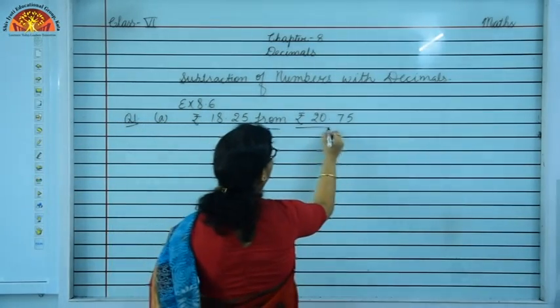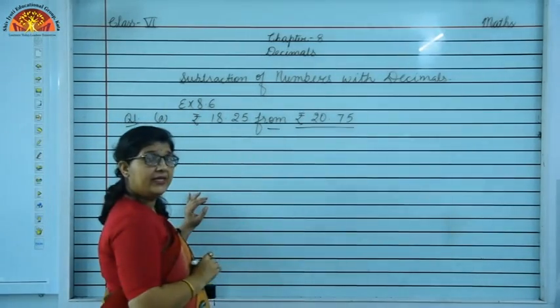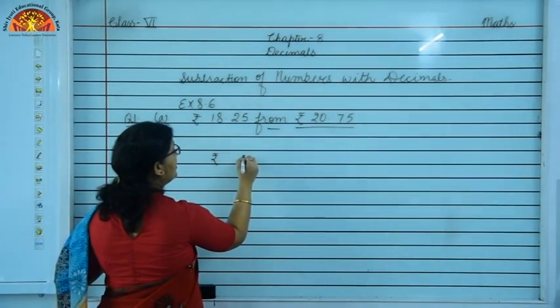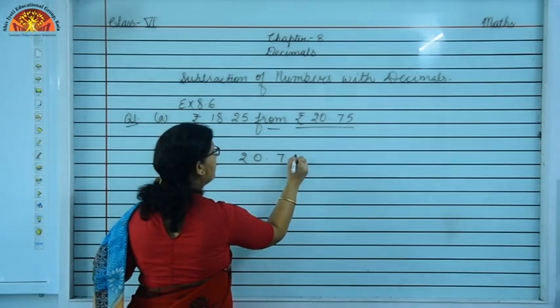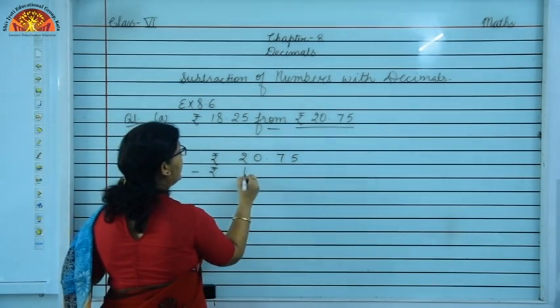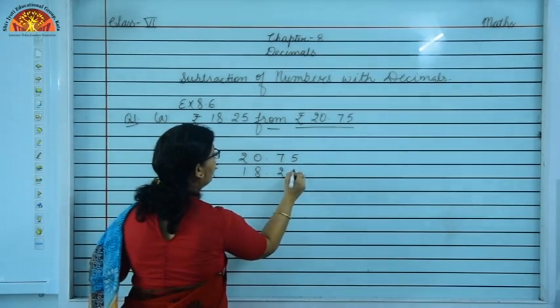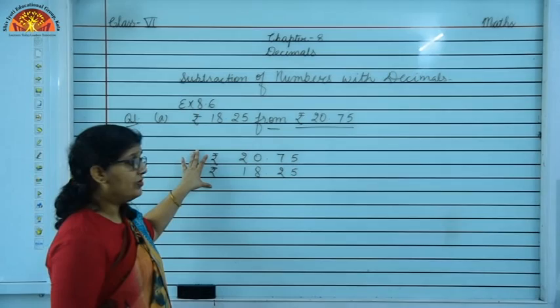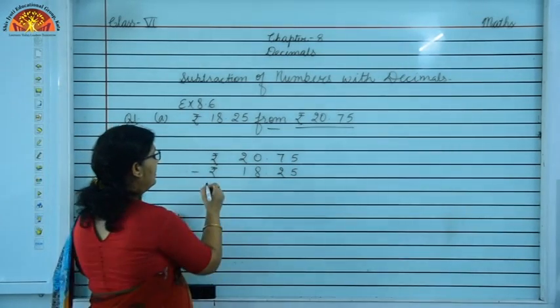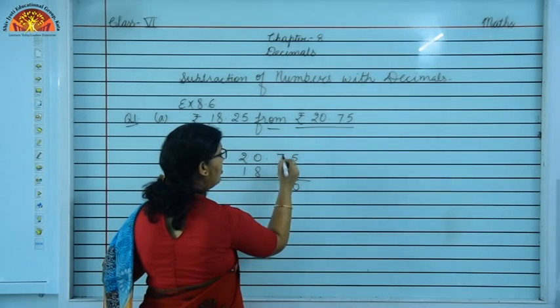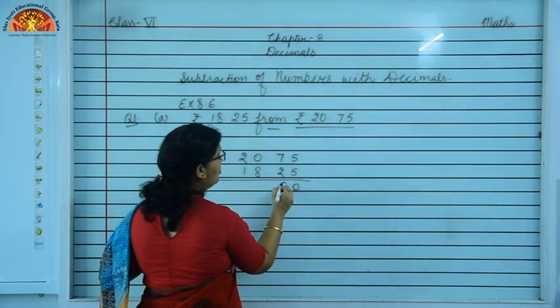The number after "from" is always greater. So first we write rupees 20.75, subtract rupees 18.25. You arrange numbers according to their place values and then subtract the numbers. Now 5 minus 5, 0. 7 minus 2, 5.